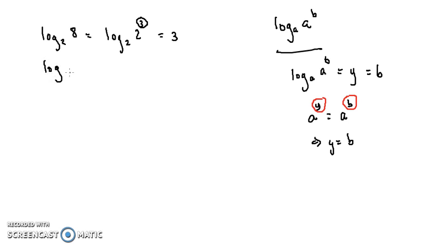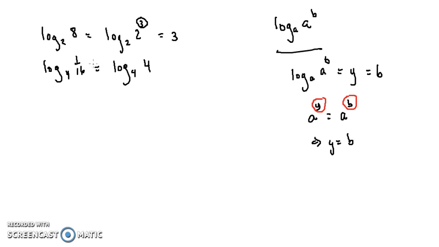Okay, we can also do this with fractions. So let's say we have log base 4 of 1/16. So we say, okay, we need to rewrite this with base 4. So this one's a little bit trickier, but we can do it. We want it to have base 4, and we've got to figure out what exponent would make this the same as 1/16. So how do we get from 4 to 1/16? Well, we need to flip it.